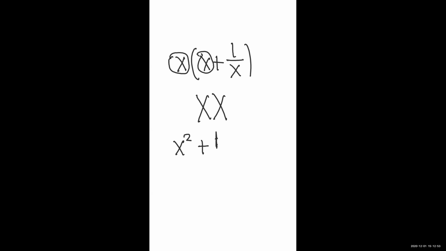But actually this one, now, is a polynomial. Before, it was not a polynomial because f of 0 means 1 over 0 here. But f of x equals x squared plus 1, actually this one is a polynomial.